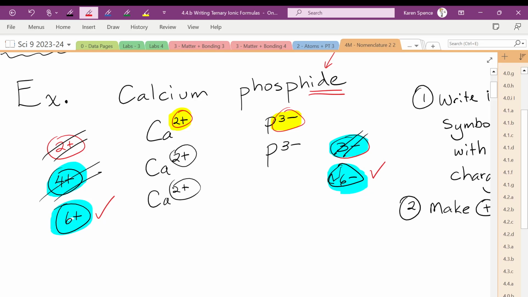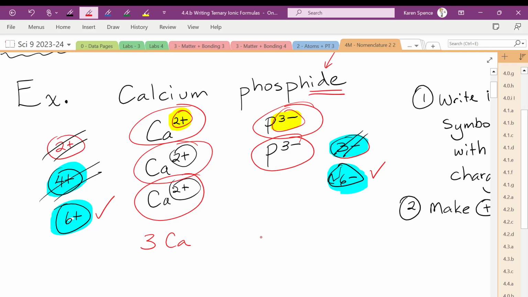How many calciums do we have? 1, 2, 3 calciums. How many phosphides do we have? 1, 2. We have 2 phosphides.